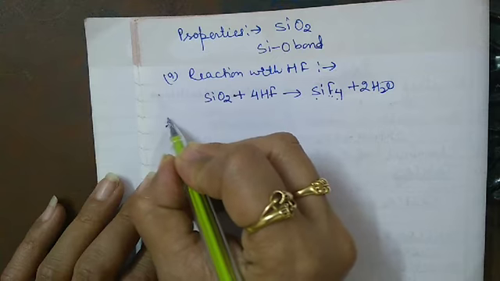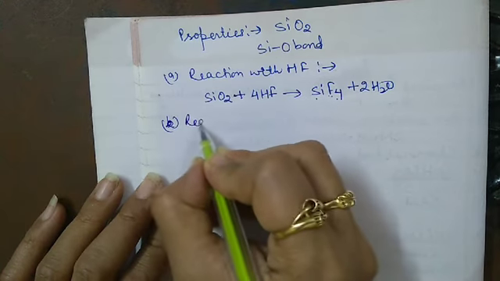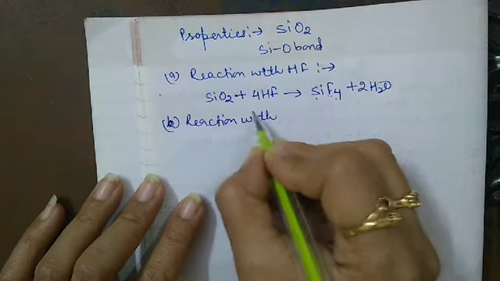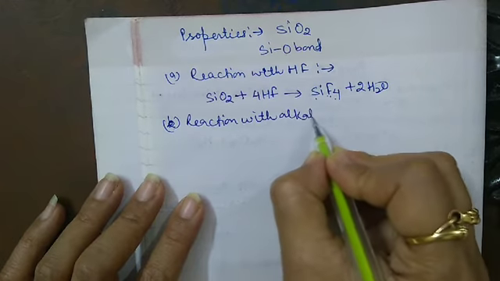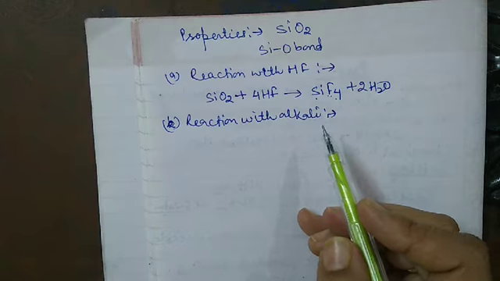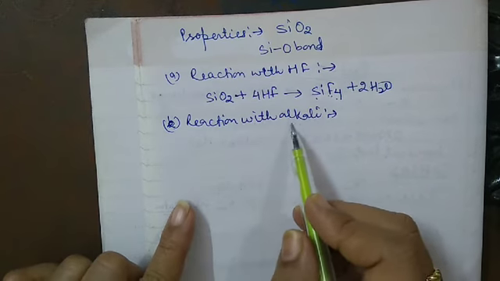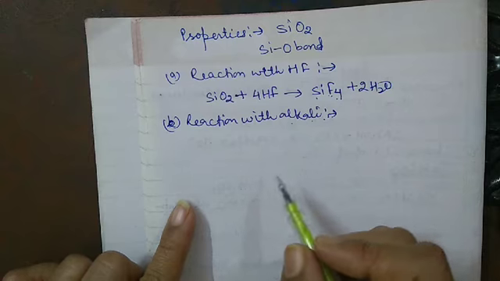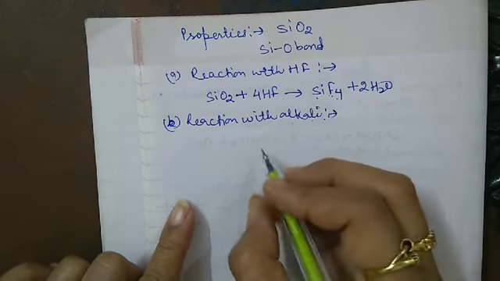Next is the reaction with alkali. We all know very well alkalis are the water soluble bases. So the silicon dioxide is acidic and dissolves in hot concentrated alkalis to form sodium silicate.